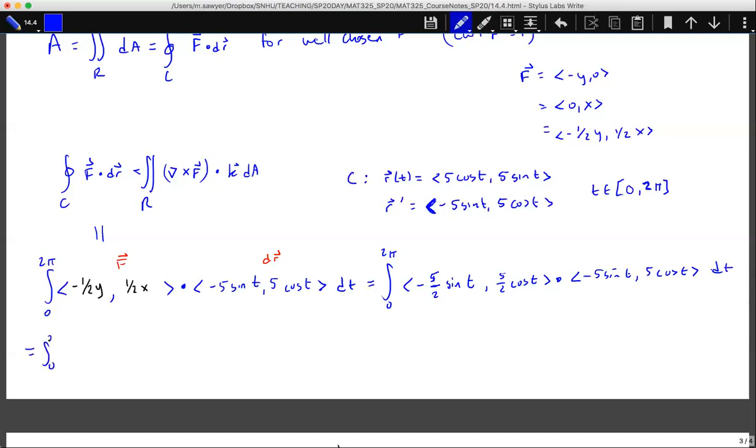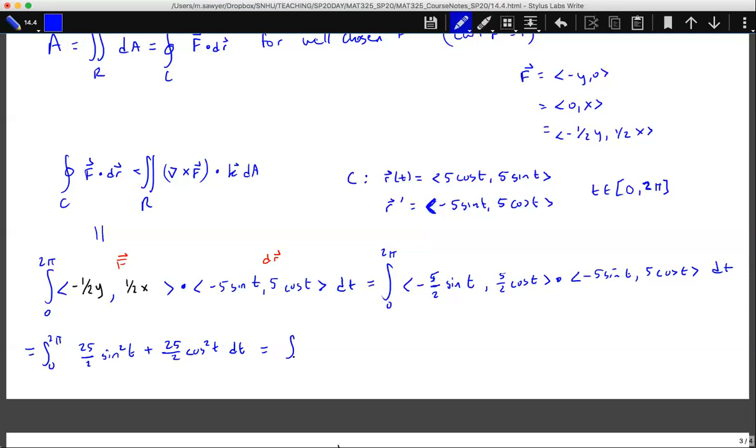Doing the dot product, I get negative 5/2 sine t times negative 5 sine t. So I get positive 25 halves sine squared of t plus 25 halves cosine squared of t dt.